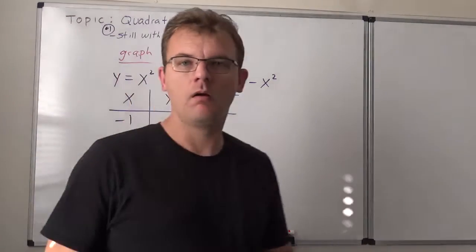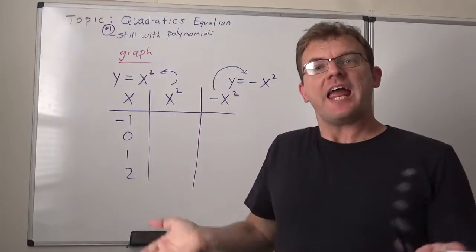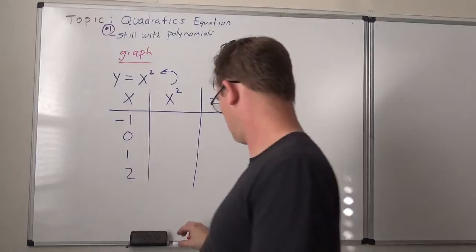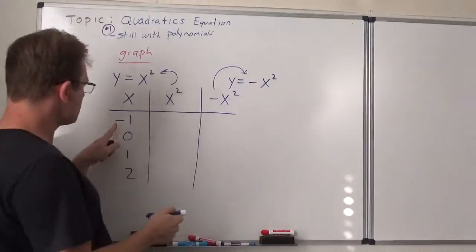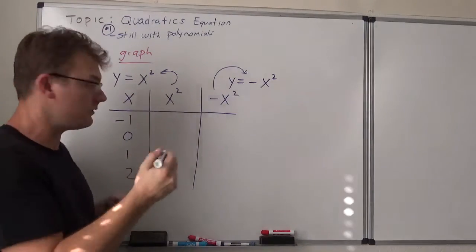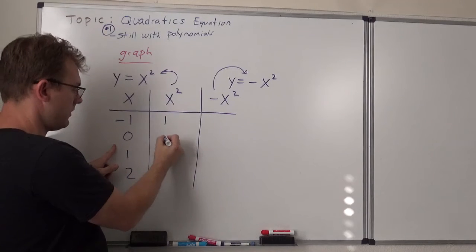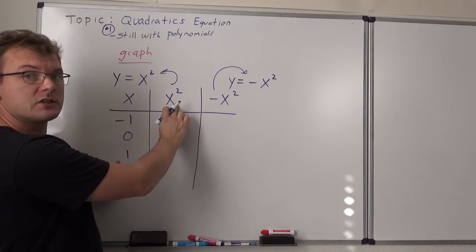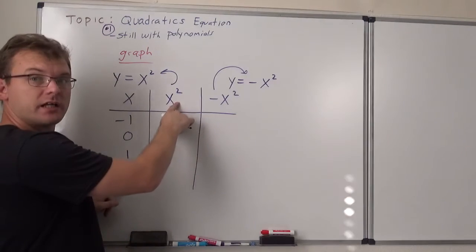Okay. I'm just going to plug the same points into both these graphs and see what happens. So if I plug -1 in for x squared, don't you get positive? If you plug 0 in, what do you get? 0. If you plug 1, 1 squared is 1. If you plug 2 in, what do you get? 2 squared is 4.